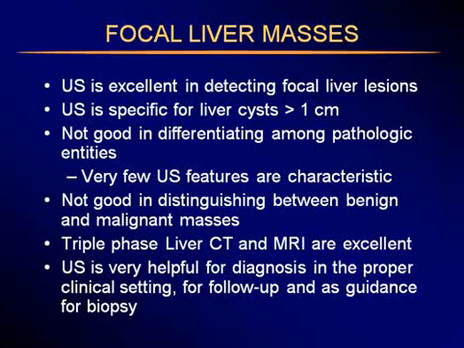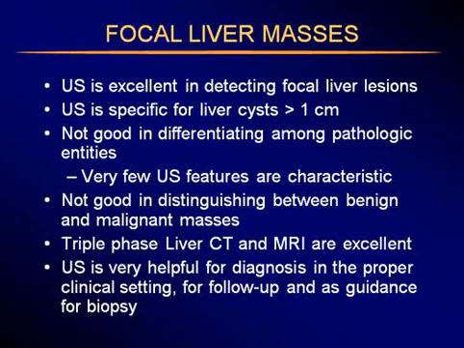Now, the last segment that I'd like to talk about in the liver is regarding liver masses. Ultrasound is excellent in detecting focal liver lesions. We're very specific for liver cysts, but liver cysts that are about 1 centimeter or more, because very tiny ones we may not be so sure about.